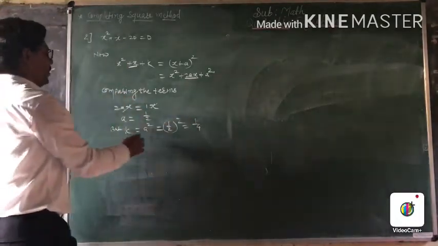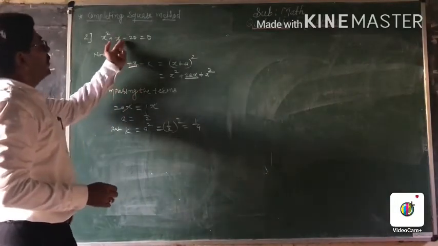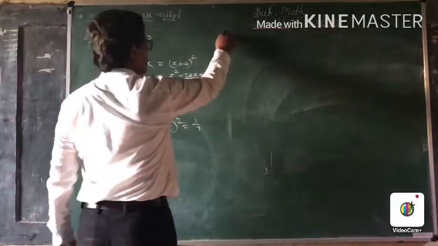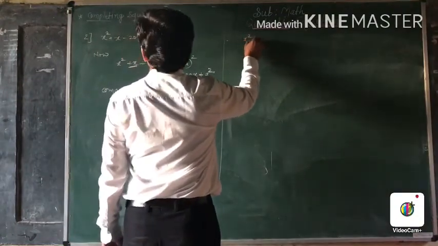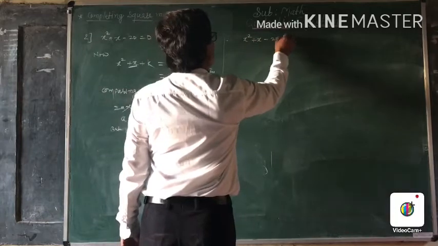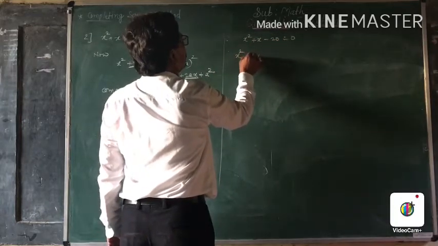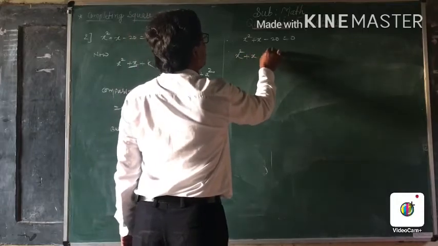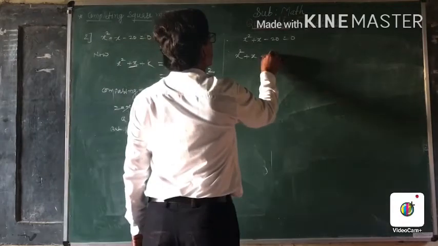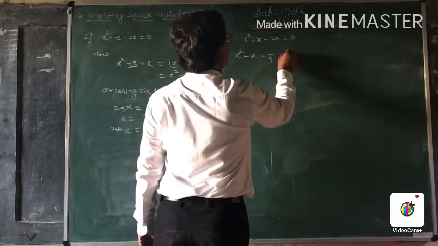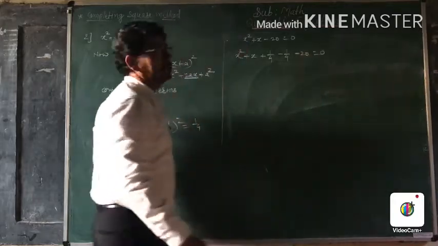Now, adding and subtracting 1/4 in this equation. The given equation is x square plus x minus 20 is equal to 0. Therefore, x square plus x plus 1/4 minus 1/4 minus 20 is equal to 0.